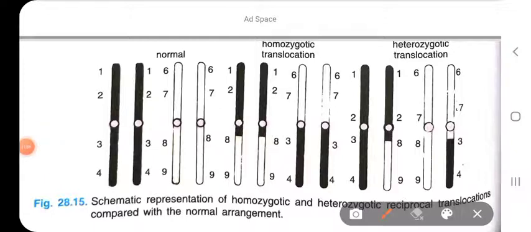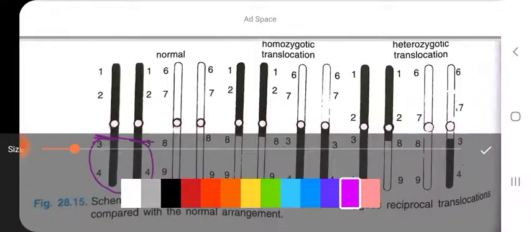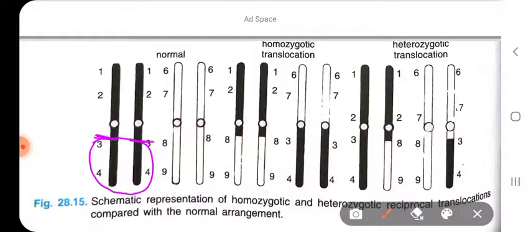that segments 3 and 4 of this homologous pair cause a break in these two chromosomes. The breaks occur, I am showing you in green for you to understand. So two breaks occur on these two chromosomes of this homologous pair, and they exchange parts with the other pair.